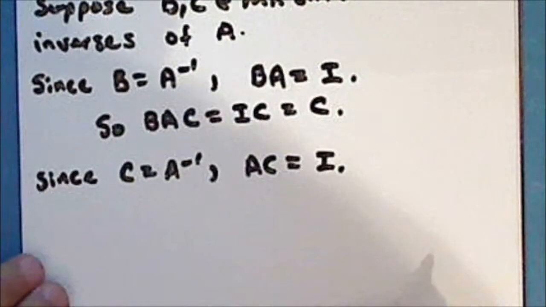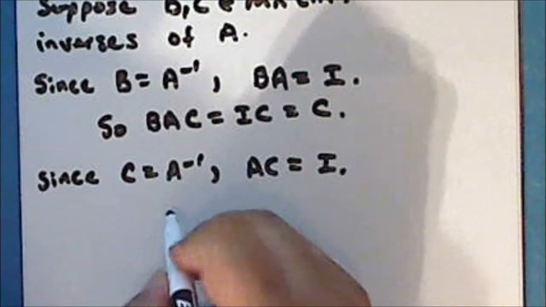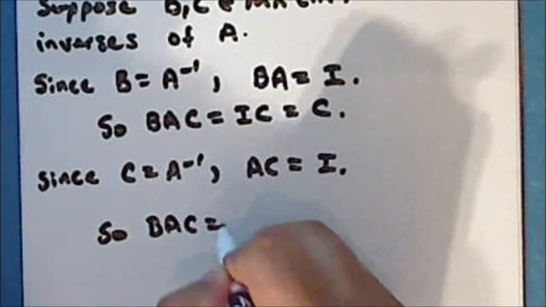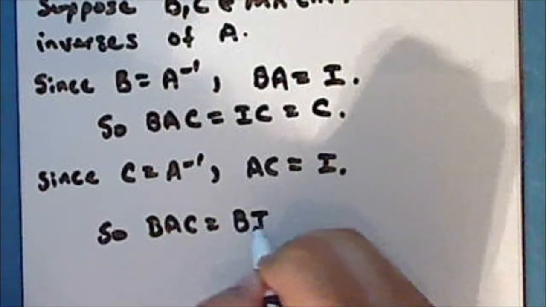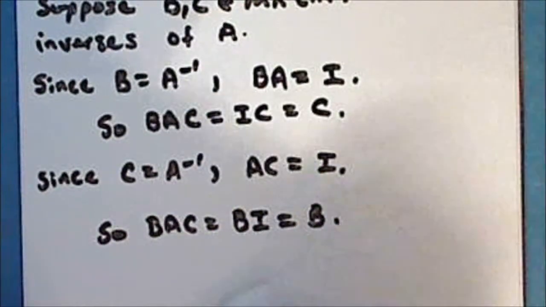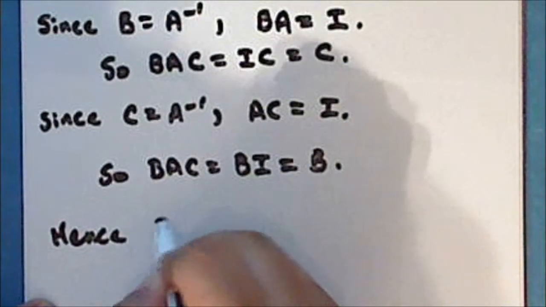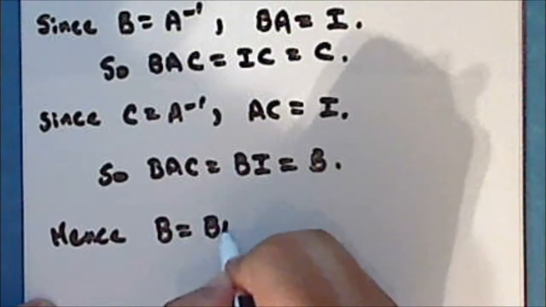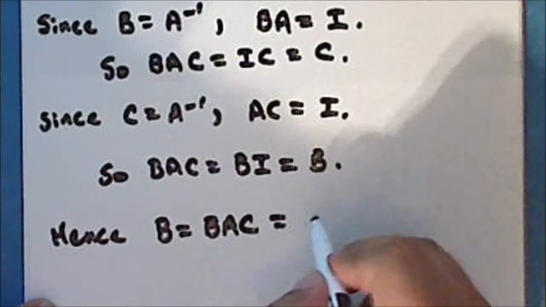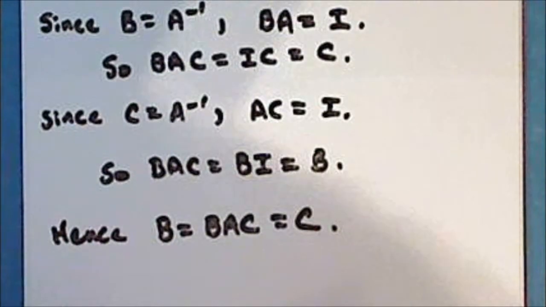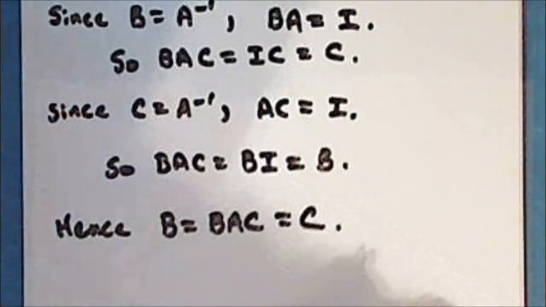And so if we pre-multiply both sides by the matrix B, we have that the product B times A times C is B times the identity, which is the matrix B. And hence, the matrix B is the product B times A times C, which is the same as the matrix C. That is, B and C are the same matrix, and so a square matrix has a unique inverse if it exists.